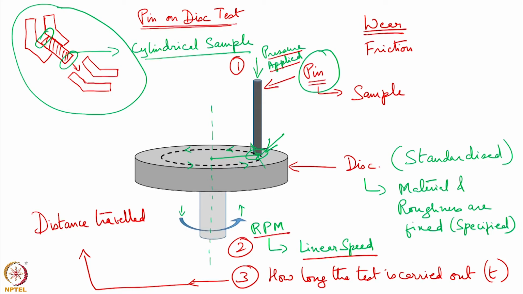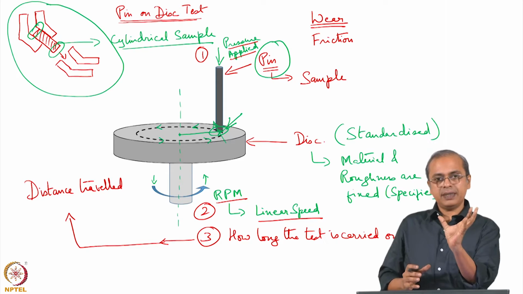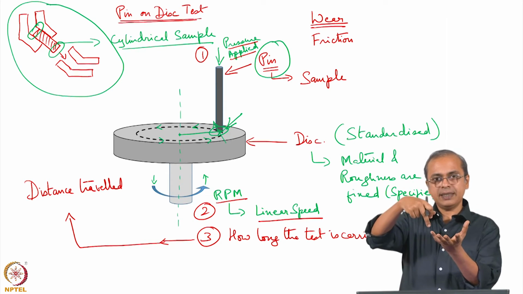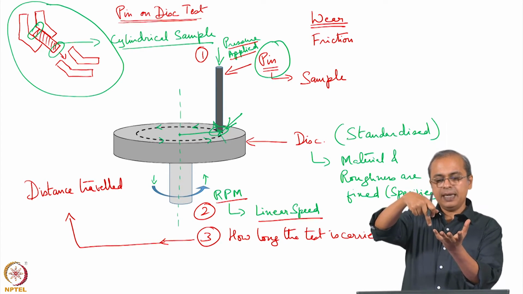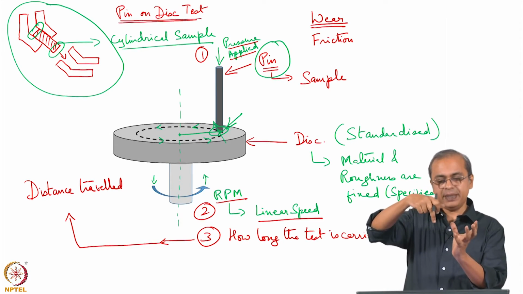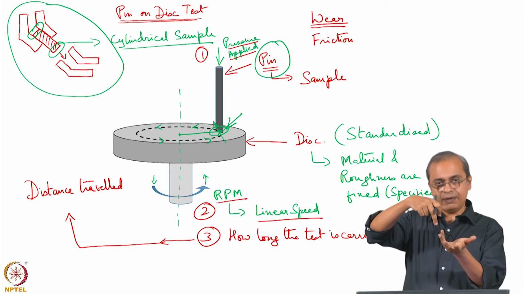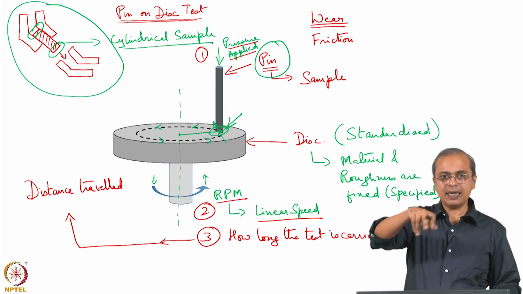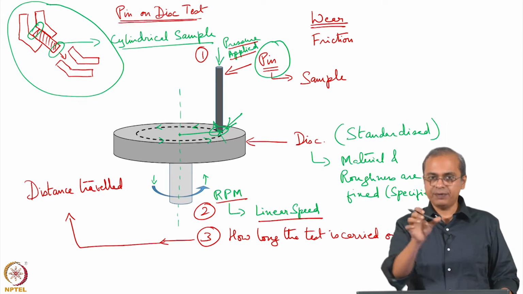You can convert that to the distance travelled, which is basically, as the disc rotates, once you know the location the pin is pressed on, and you know the circle that the pin is tracing on the disc, then for every revolution 2 pi r is the distance it has travelled, if r is the radius.